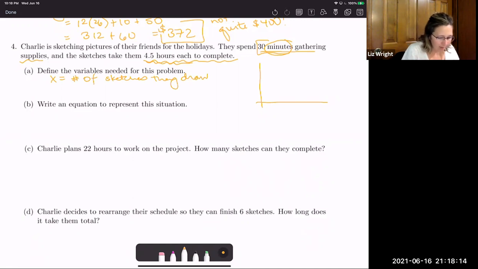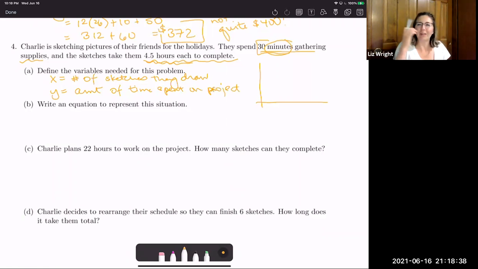And then let's say Y is equal to the amount of time spent on the project, including the time it takes to gather up the supplies plus the time it takes for each of the sketches.